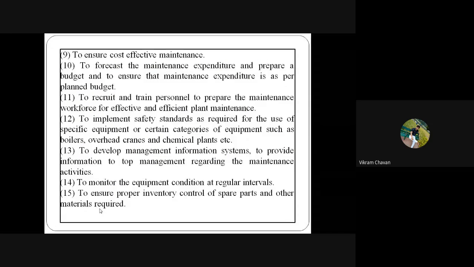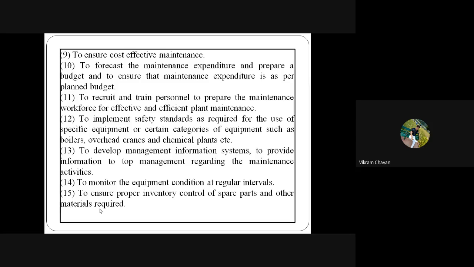Also, to ensure the cost effectiveness of maintenance, to forecast the maintenance expenditure and prepare a budget, and to ensure that the maintenance expenditure is as per the planned budget, to recruit and train people to prepare the maintenance workforce for effective and efficient plant maintenance, to implement safety standards as required for the use of specific equipment or certain categories of equipment such as boilers, overhead cranes, and chemical plants, etc. To develop a management information system to provide information to top management regarding the maintenance activities, to monitor the equipment condition at regular intervals, to ensure proper inventory control of spare parts and other material required.